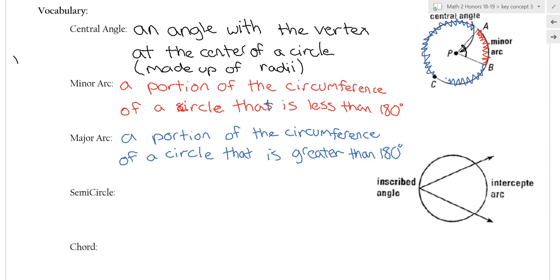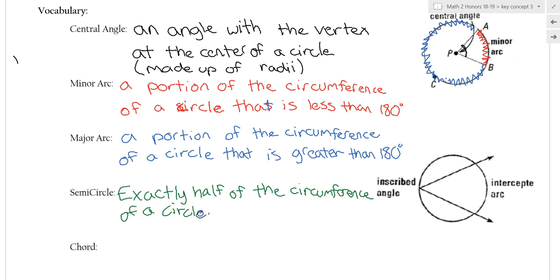We will call a major arc. Okay, so if you notice, the minor arc and the major arc have the same central angle. It's just how you get between them. And then we have a semicircle. And a semicircle is exactly half of the circumference of a circle. Right, the word semi means half.